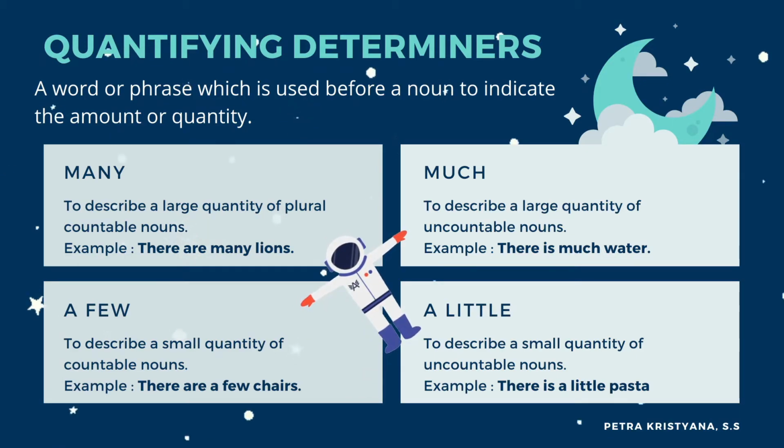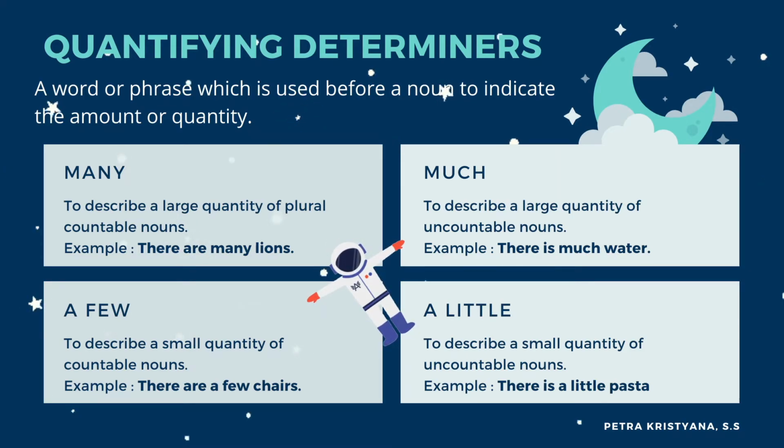Jadi kalau a few sama a little itu artinya sudah sedikit, tetapi penggunaan a few itu digunakan ketika bendanya bisa dihitung. Okay, for example, there are a few chairs. Ya, a few chairs it means that the quantity of chairs is little. Ya, jadi cuma sedikit.